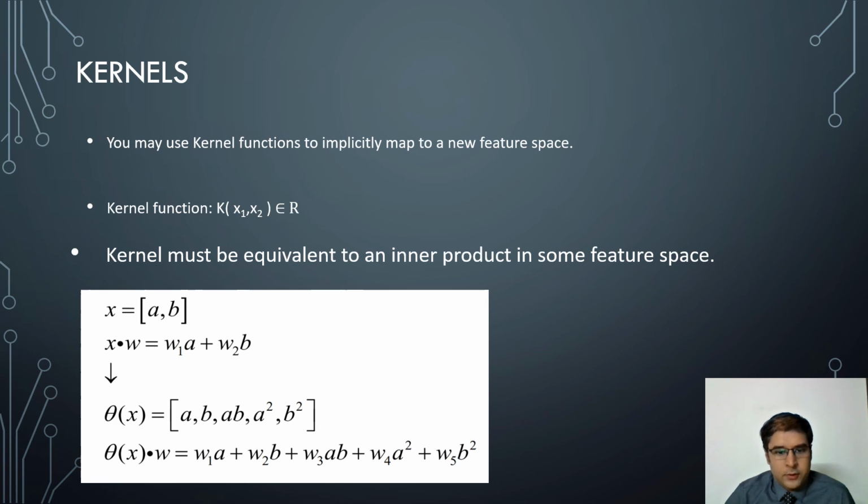The kernel must be equivalent to an inner product in some feature space. Suppose we are given x equal to (a, b) vector and the inner product x dot w is equal to w1a plus w2b. Then we have the transformed kernel function after applying, theta(x) dot w, which is w1a plus w2b plus w3ab plus w4a squared plus w5b squared. Basically, it maps from x to theta(x).